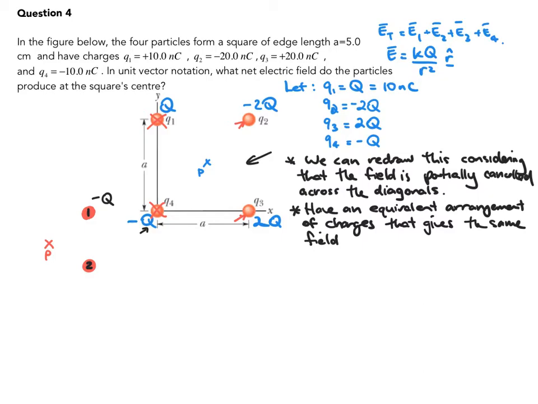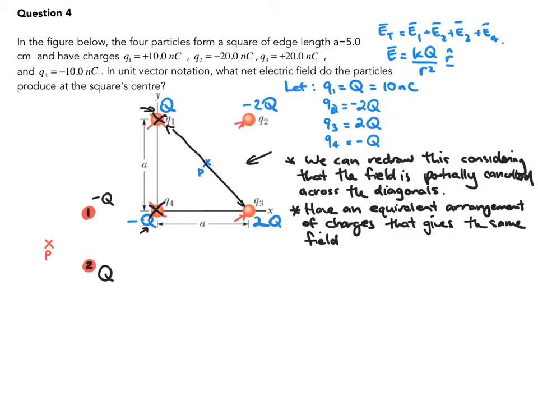And then this one down here is going to be Q, effective charge, because some of it was removed by this guy. So this is just an alternative arrangement. We basically cancelled out this one and this one based on the cancelling out of charge across the diagonal.